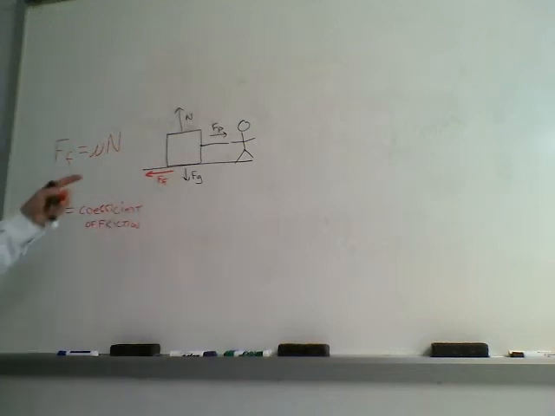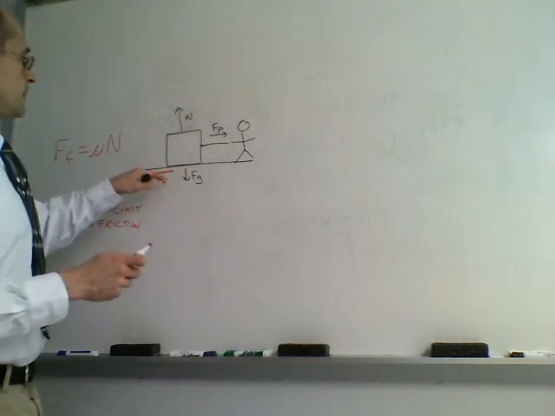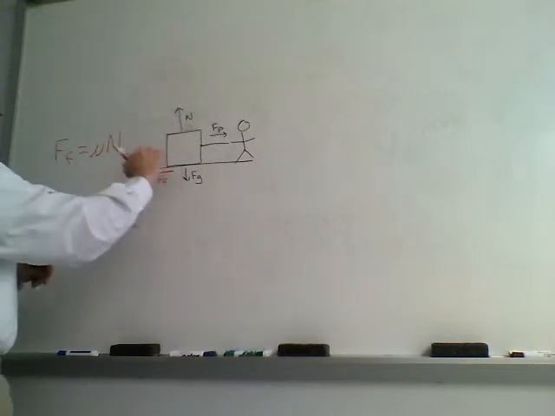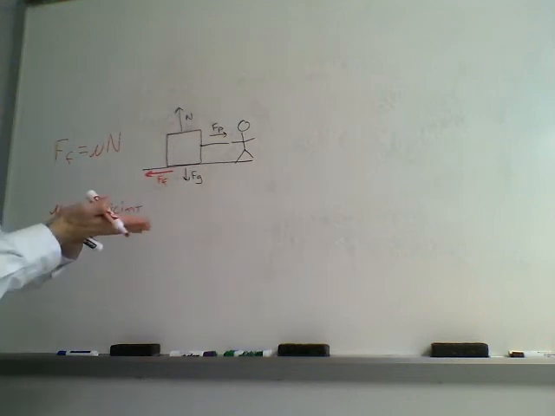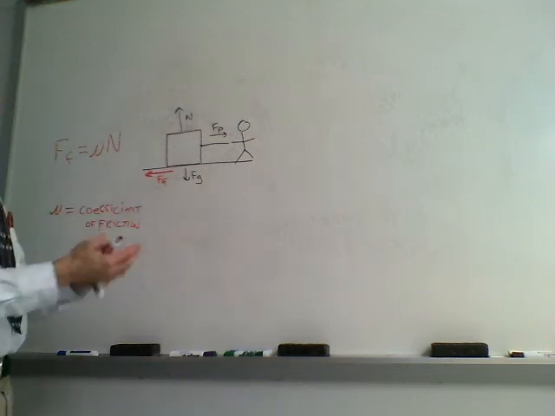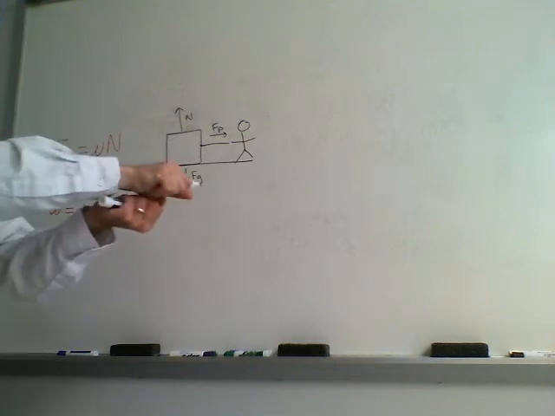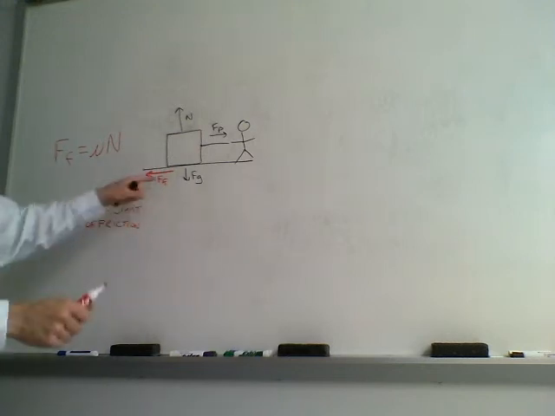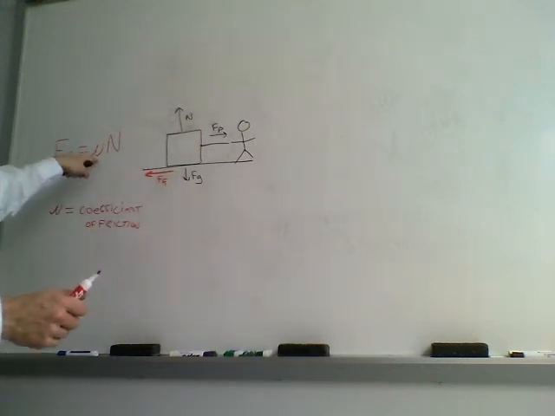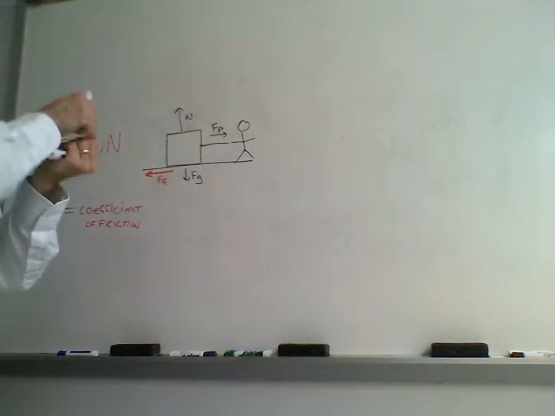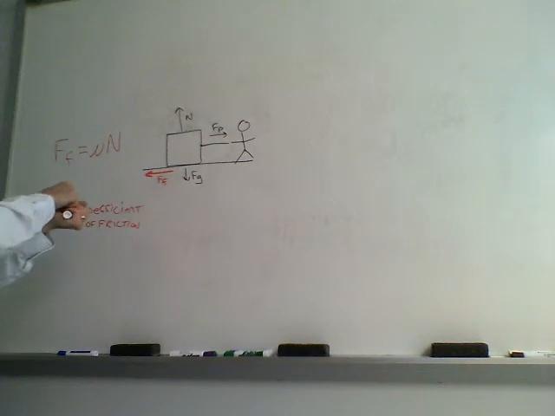The coefficient of friction is simply a number that's determined experimentally between two materials in contact. You only know that number because you've experimentally put two types of materials in contact, tested them, and found this mu value for the friction. It arises from the atomic interactions between the two materials in contact.